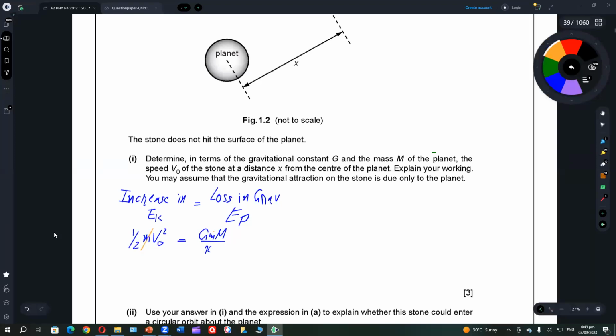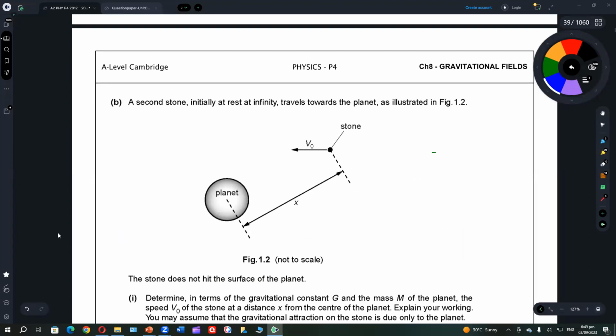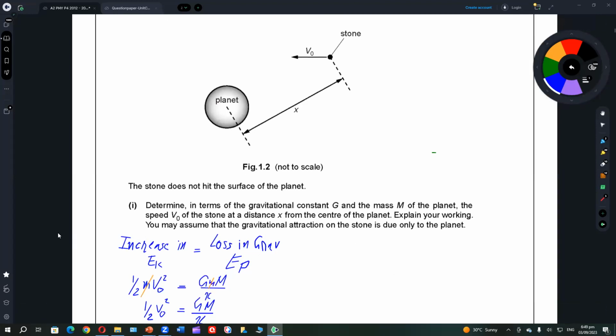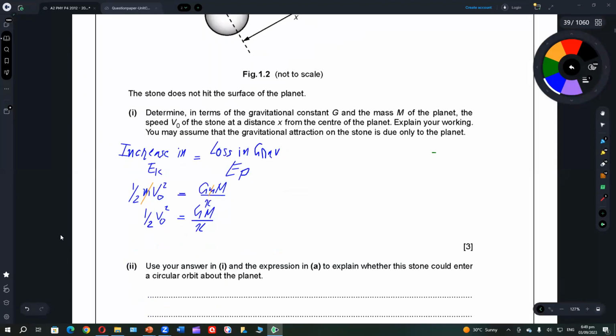The mass m is cancelled from both sides. We need to make v naught the subject.